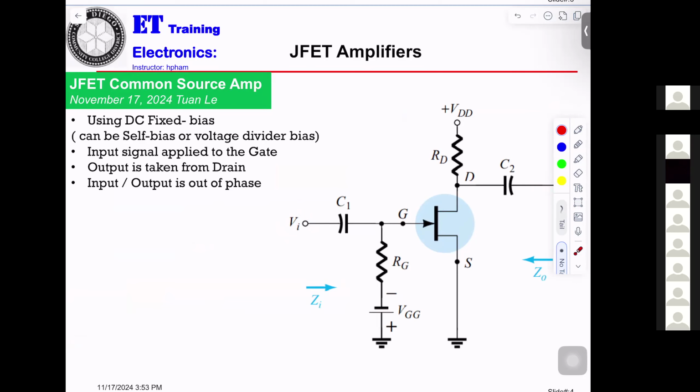Last time we already talked about DC bias. The first bias is fixed bias. The second can be self bias, and then there can be voltage divider bias.